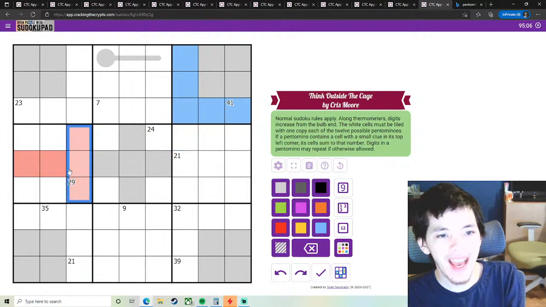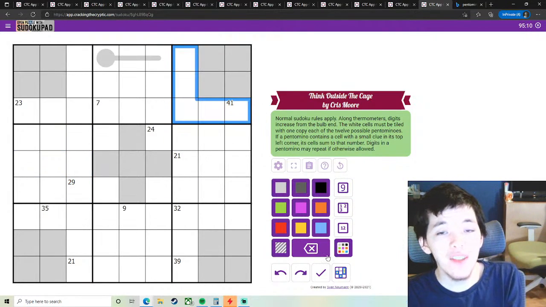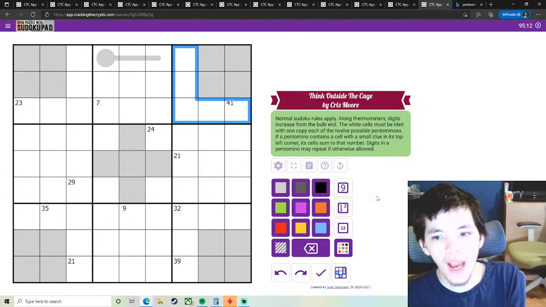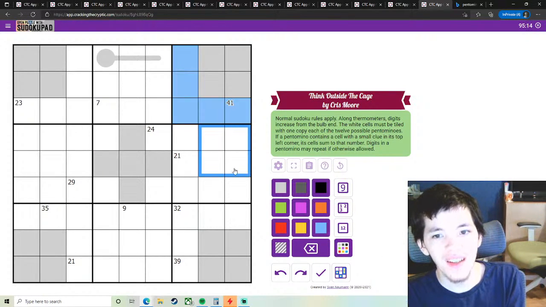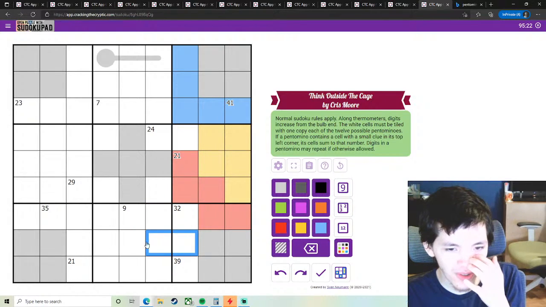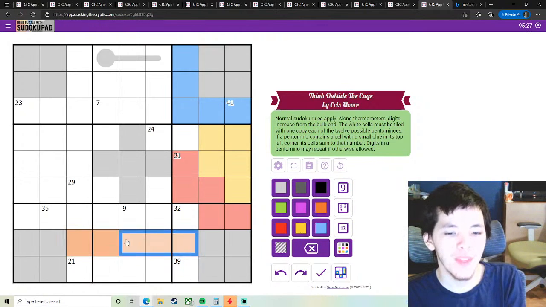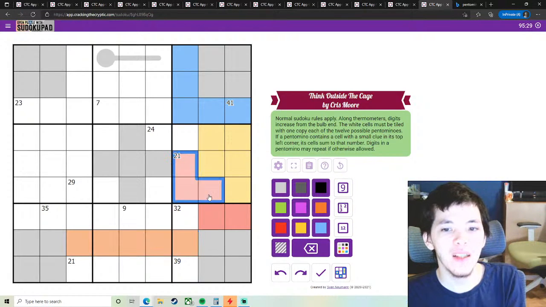So something that people do is also called a Pentomino Sudoku, where you have to draw out shapes of the pentominos along the grid. So very, very interesting. These are all pentominos that I'm coloring on the grid.